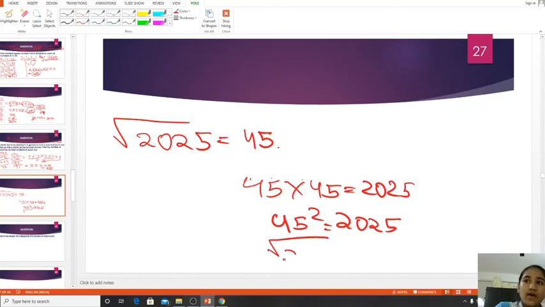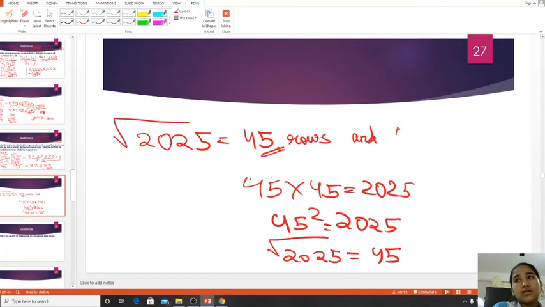That's why the square root of 2025 is equal to 45. So there are going to be 45 rows and 45 plants in each row.